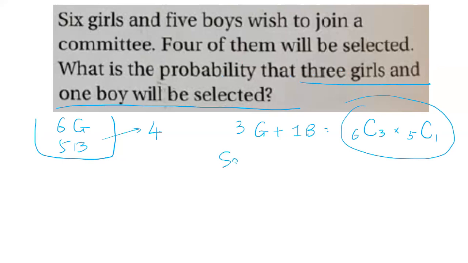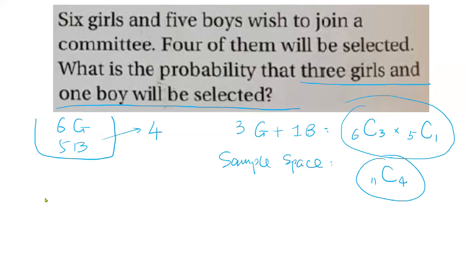How about the sample space? The sample space task is to choose 4 out of the 11, right? So this is the total number of ways in the sample space.